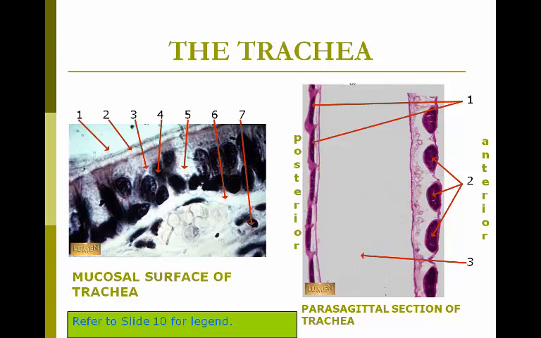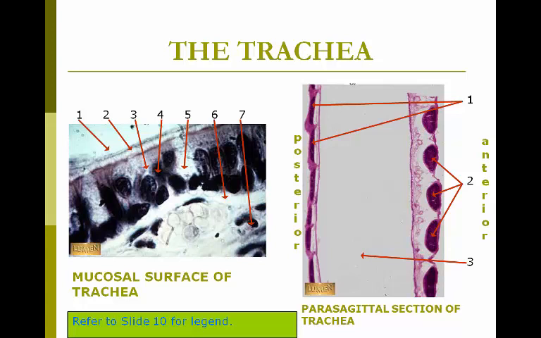But basically, on the right-hand side, we're looking at a sagittal, or basically parasagittal section of the trachea. So we need to get oriented to what we're looking at. Notice on the right-hand image, you have the word anterior, and to the left of that image, the word posterior. So we're looking at a longitudinal section of the trachea.